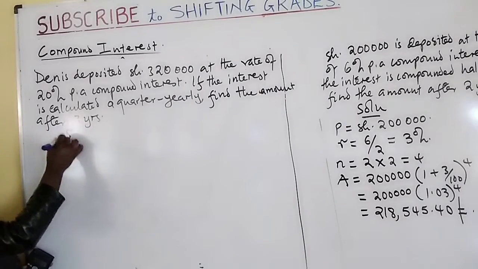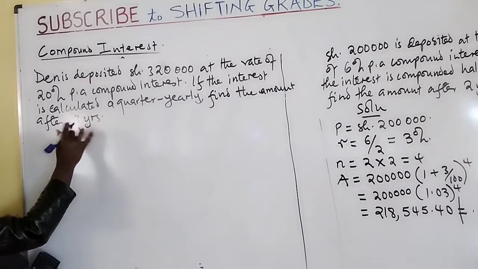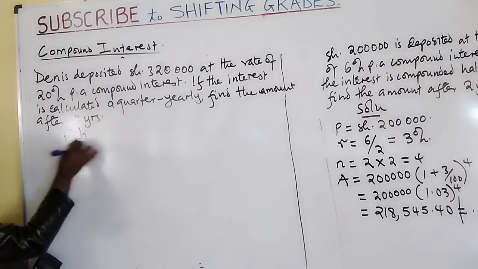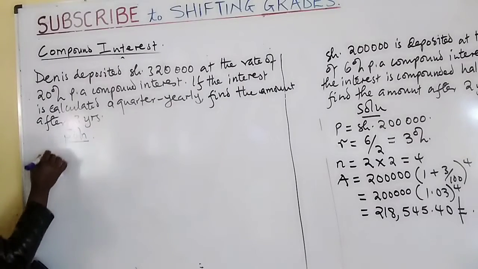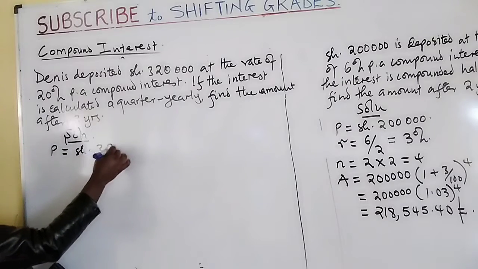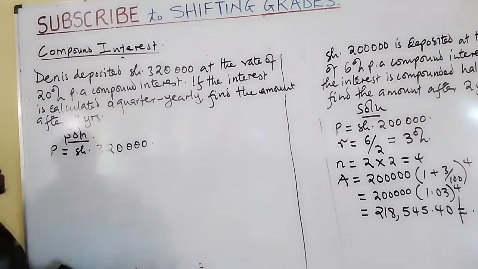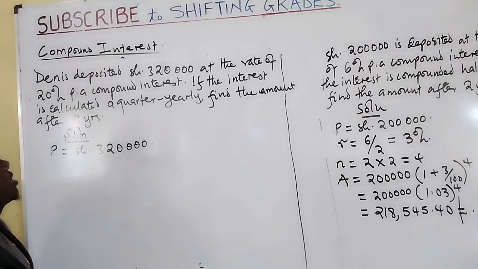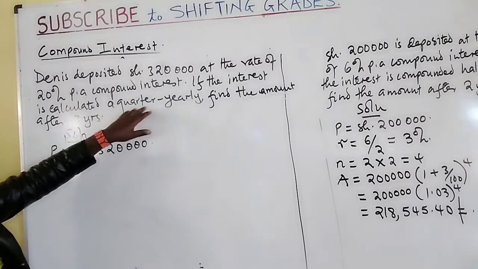Solution for this. We can see that the principal in this case is 320,000 Kenya shillings. Here the rate is 20% compound interest per annum and it's compounded quarter yearly.